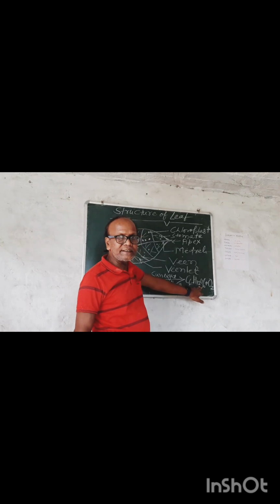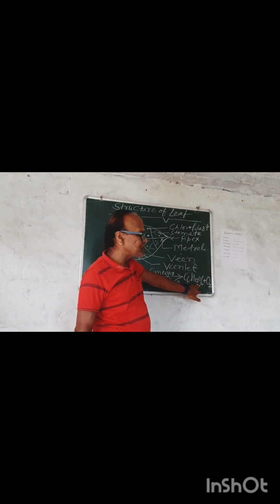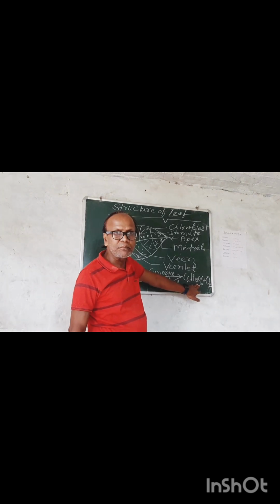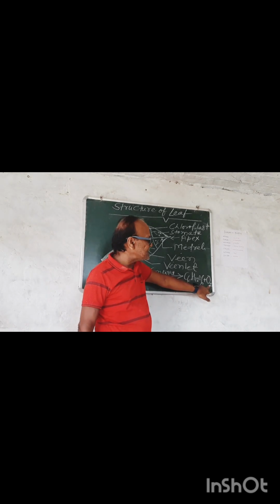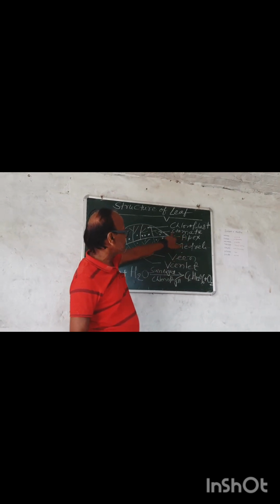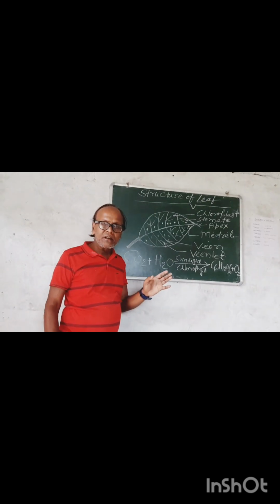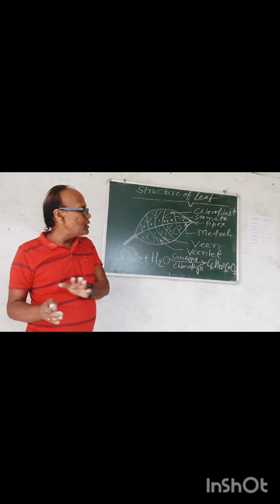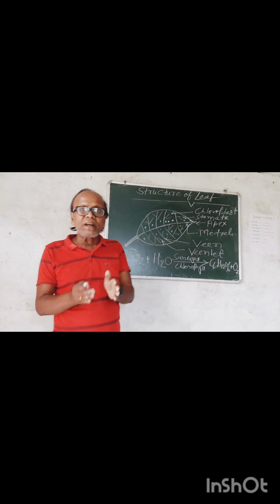C6H12O6, that is carbohydrate, is produced as the food of the plant, and then oxygen, which is released again through the stomata. So this is the process of photosynthesis in which plants prepare their food. This is the structure of the leaf and the role of the leaf.